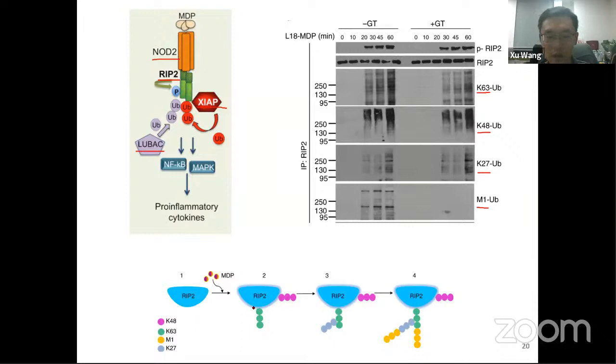We can see that different kinds of polyubiquitin chains can be attached to RIP2. K48 polyubiquitination is required for protein degradation, while other polyubiquitination types are required for protein activation.